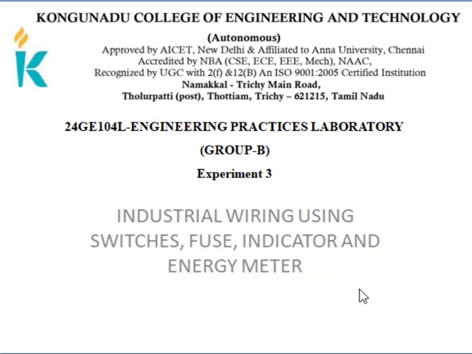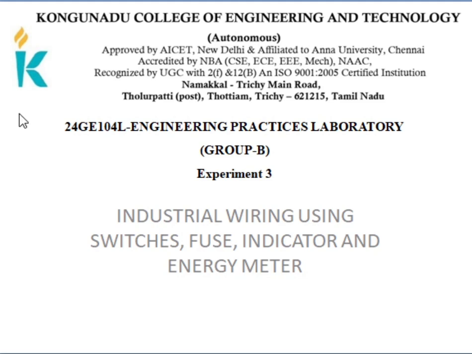So we use a 3 phase power line supply to supply the high power machines. The high power machines consume a high amount of current, which we can't supply from a single phase supply. That's why we use a 3 phase line on the industrial side.